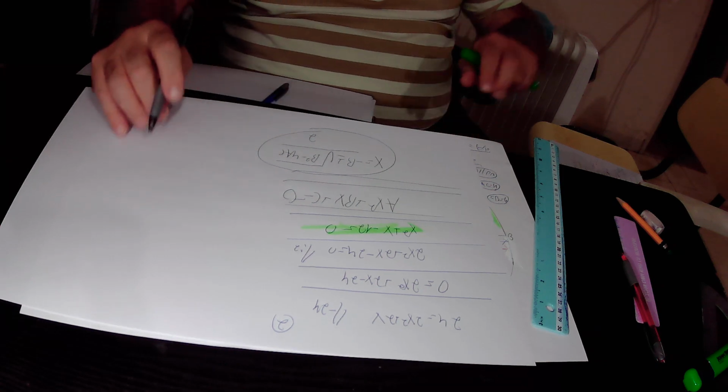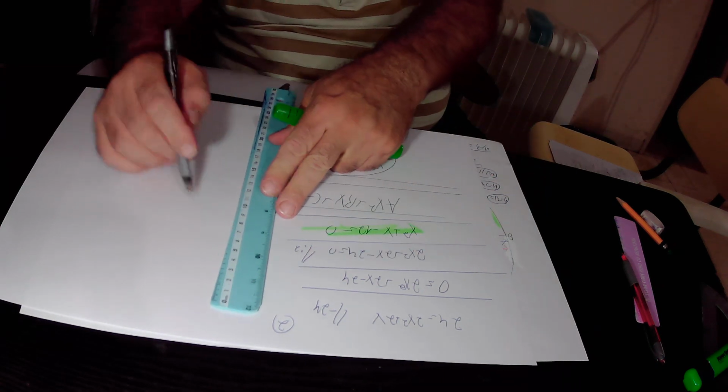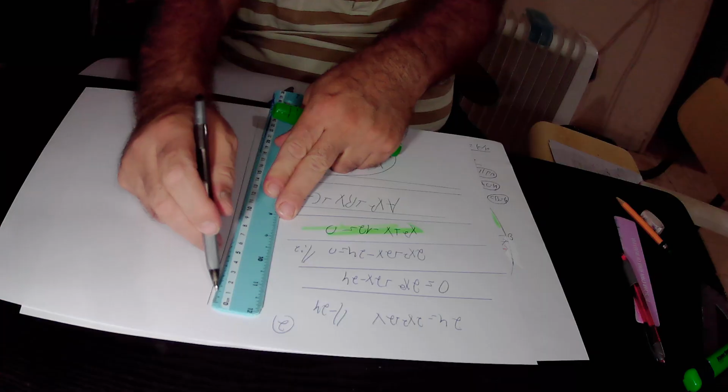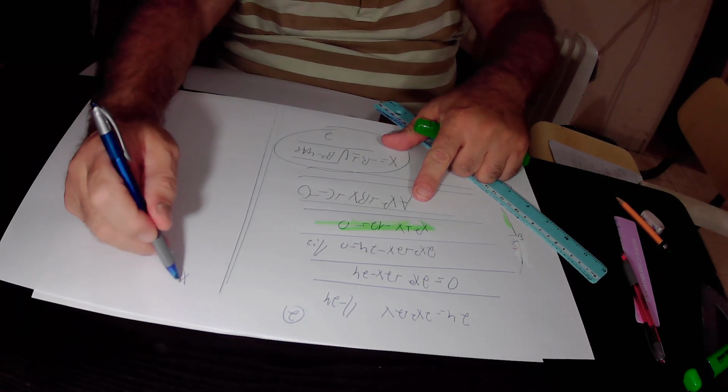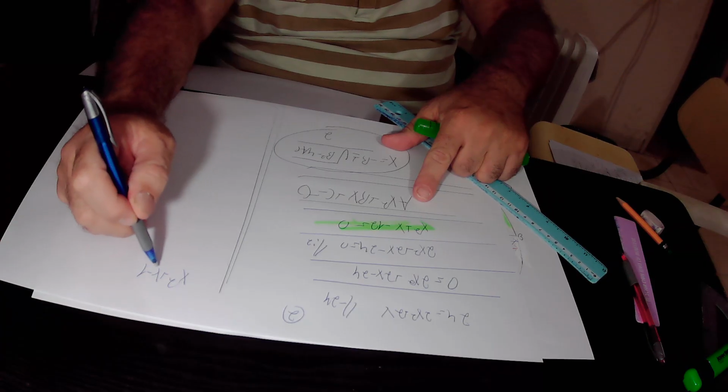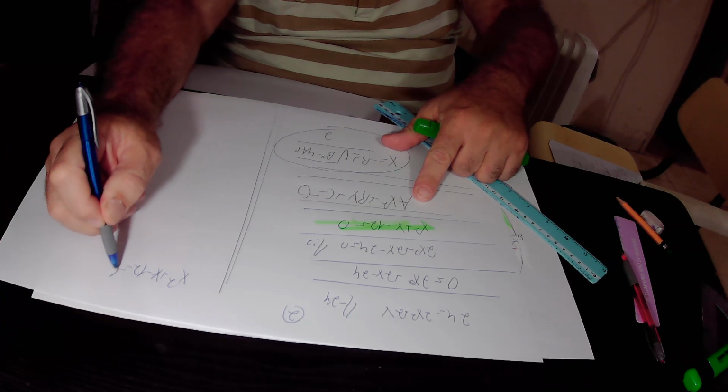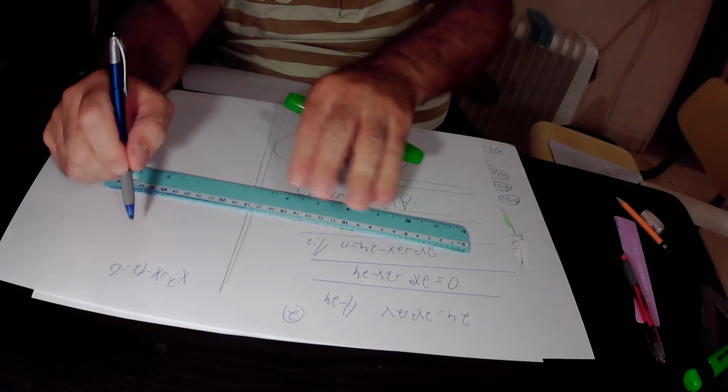In our specific quadratic equation, that is to say x squared plus x minus 12 equals to 0, the variable that we are looking for is x.